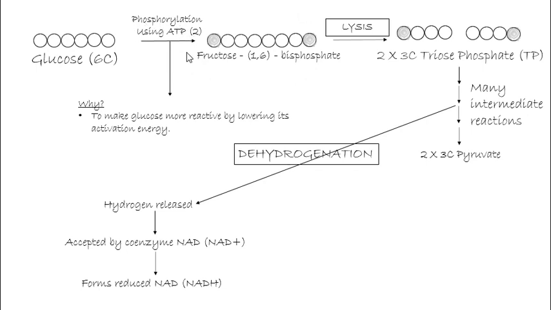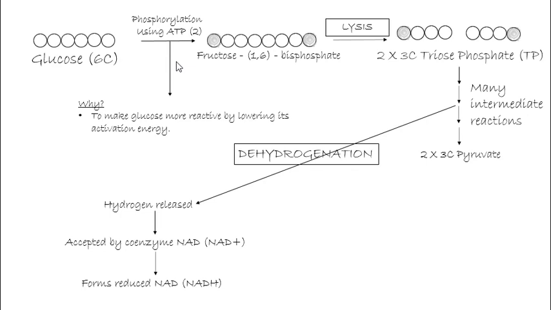Now you would have also noticed that I have said phosphorylation using ATP. Now that is because ATP acts as a source of the two phosphate groups which we use to phosphorylate glucose. Because ATP is a phosphorylated nucleotide with 3 phosphate groups.